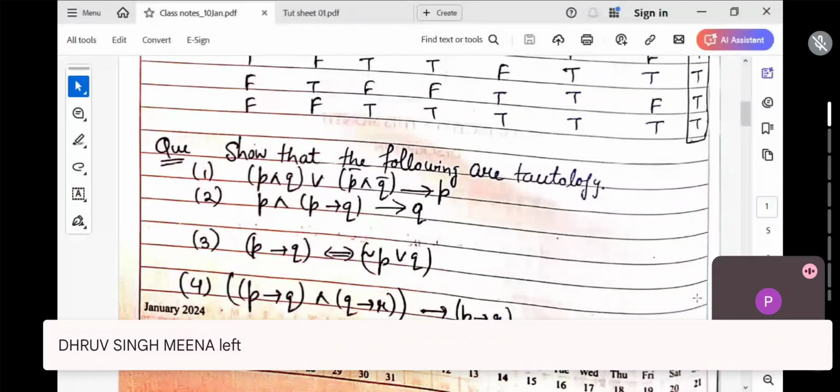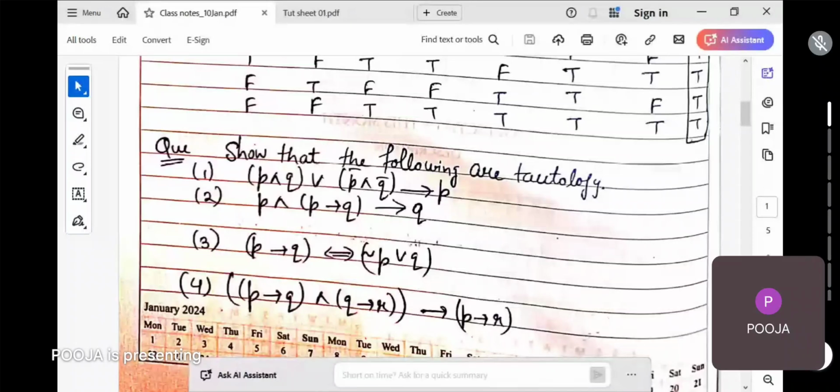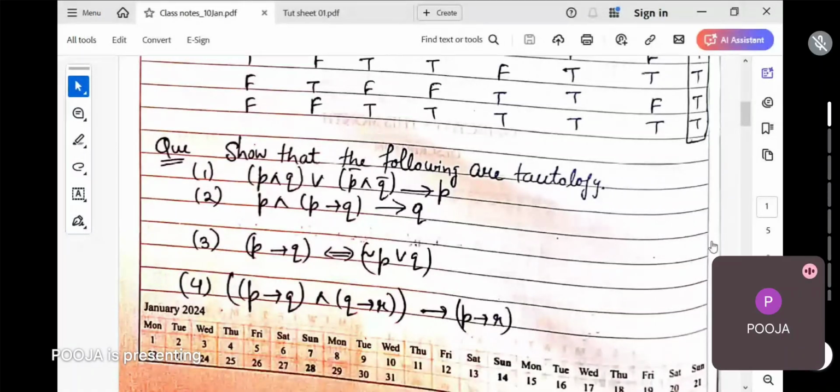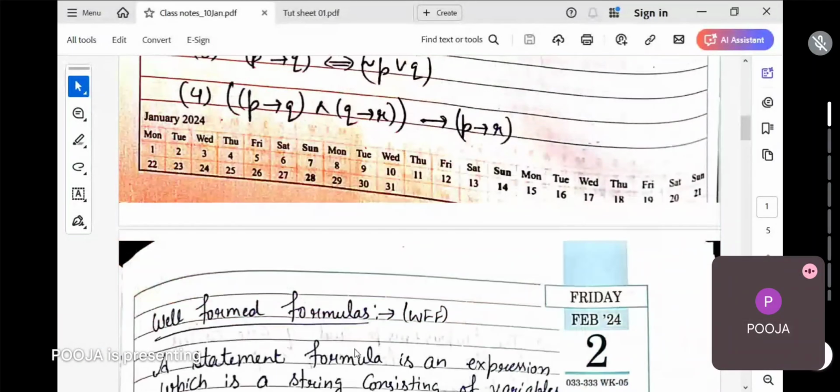All the questions have to be attempted by you and submitted as assignment number 1. The first 4 questions are these ones only. You will have to show that the following are tautologies. It is very simple, because we just have to apply the truth table and then we will get the result. So I'm leaving it to you. Just create the table and you will get it.